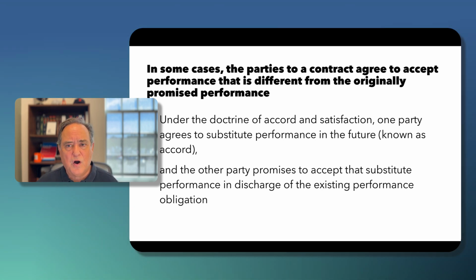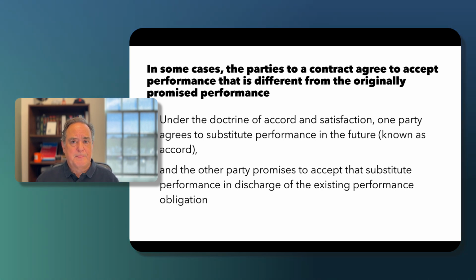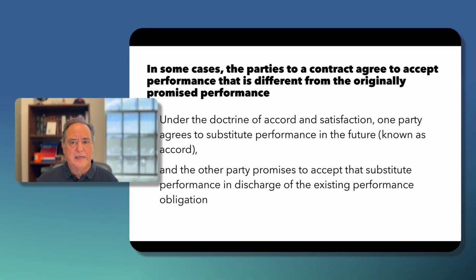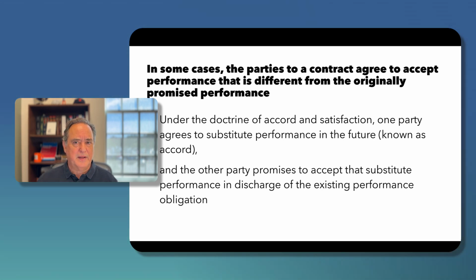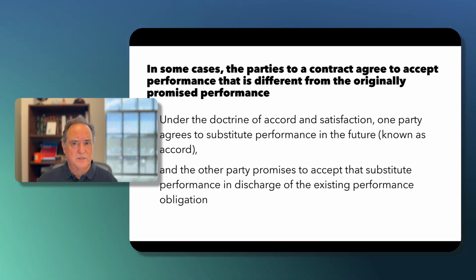So if you are someone who owes money on a debt and the debt is accruing interest at 20% a year, and it is certain that you are never going to be able to pay the debt plus the interest, well, the creditor, the person to whom the debtor owes the money, may permit the debtor to pay a lesser amount in order to get some money in, and then agree to discharge of the obligation.